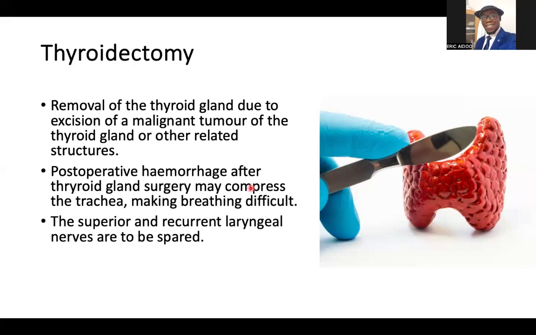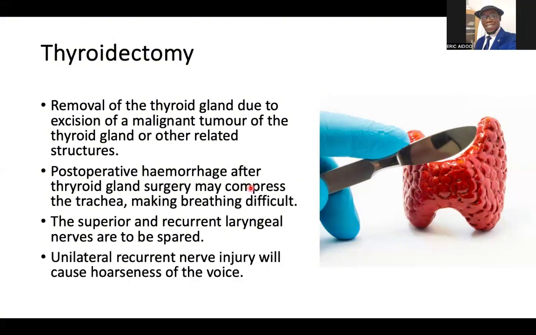All right, so that is important to know. The superior and recurrent laryngeal nerves should be spared during thyroidectomy. Unilateral recurrent nerve injury will cause hoarseness of the voice. Okay, so unilateral means that it is not bilateral.